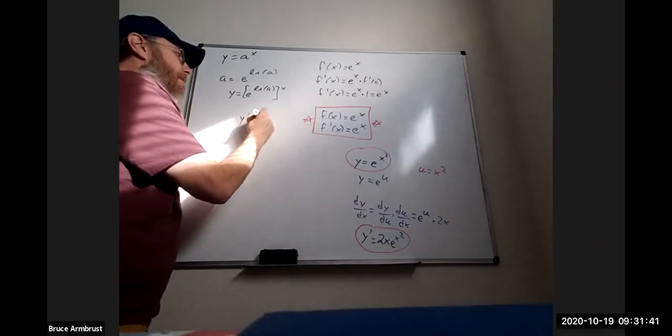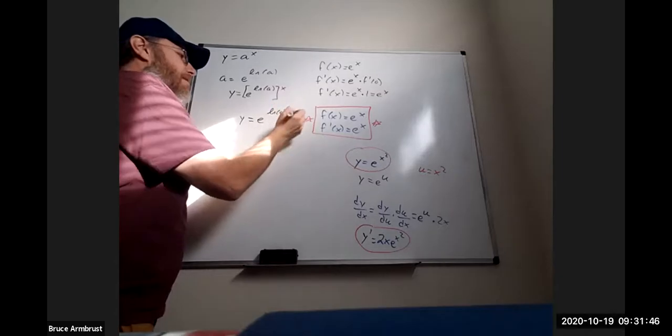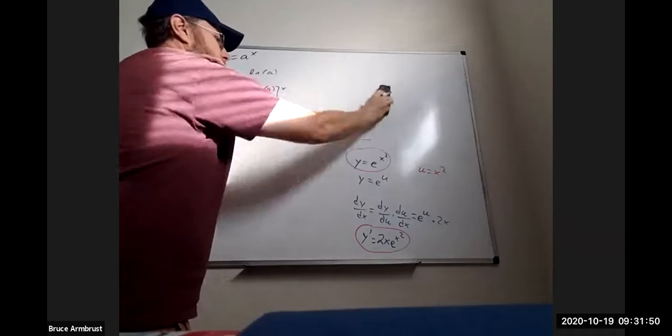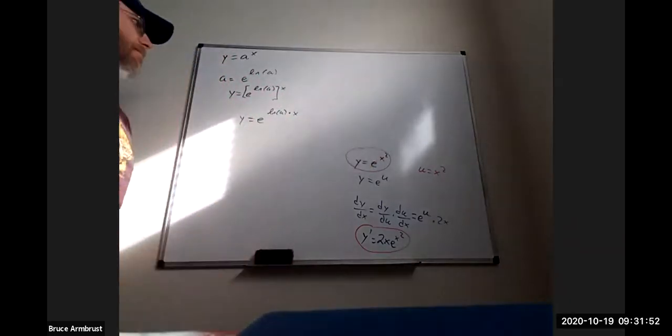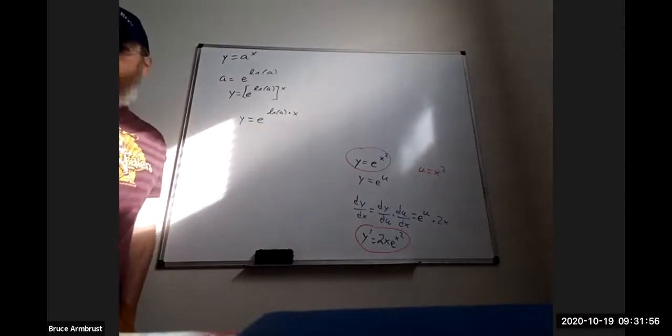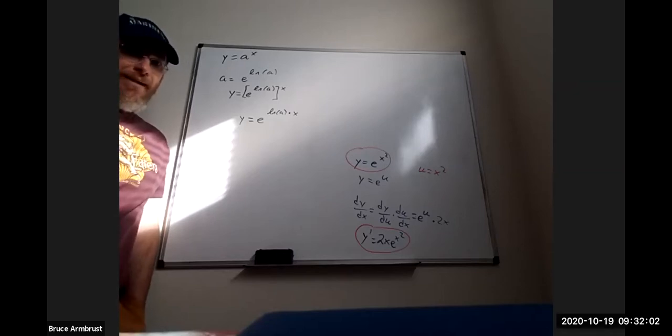So I get y equals e to the natural log of a times x. So y equals a to the x is the same as y equals e to the natural log of a times x. Those are mathematically equivalent.